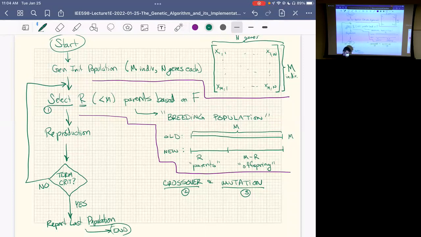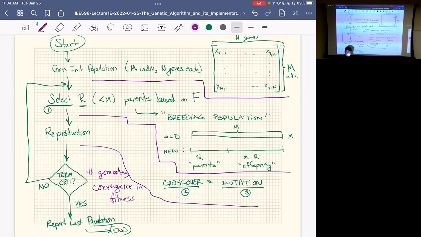This could be based on number of generations, could be based on convergence in fitness, could be based on diversity, genotypic diversity, etc. So there's a lot of flexibility in how you decide that this algorithm's over.